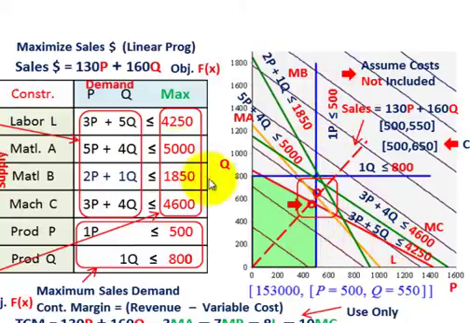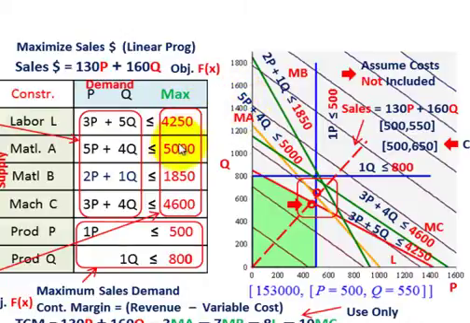And then we have these other constraints. To lay these out on a graph, to solve for Q, how many units of Q you'd have, just set P equal to 0 and solve for Q. If you're solving for P, set Q equal to 0 and solve for P. So for each one, let's go through our labor constraint. It's that red line, 3P plus 5Q is less than or equal to 4,250.